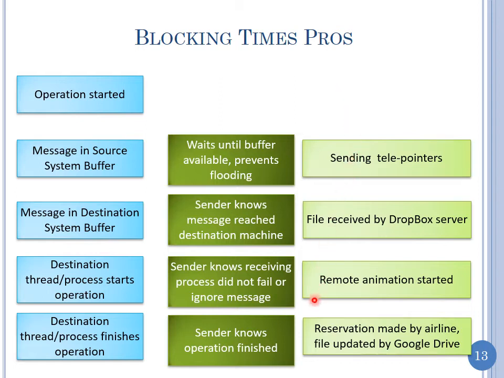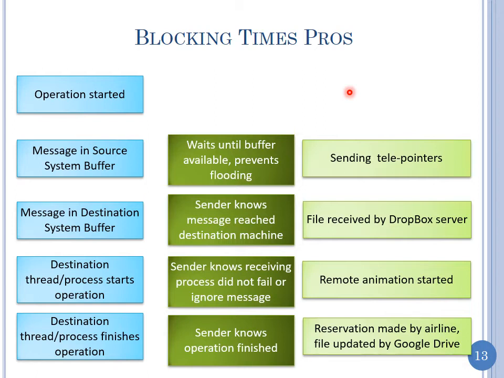And system buffers can get full. With this telepointer here, I can send a lot of events to you guys, and I might not care that each message reaches you, because there are events that are going to follow it that convey the information also.